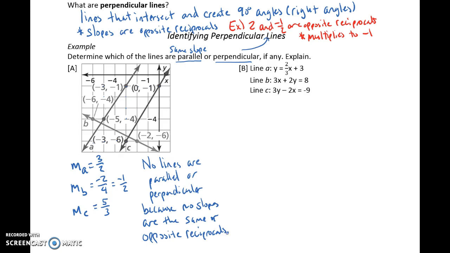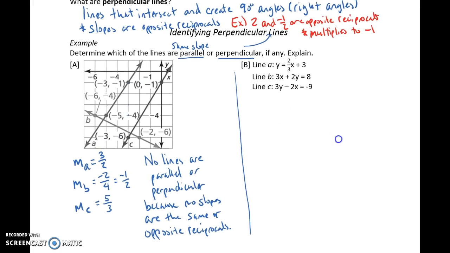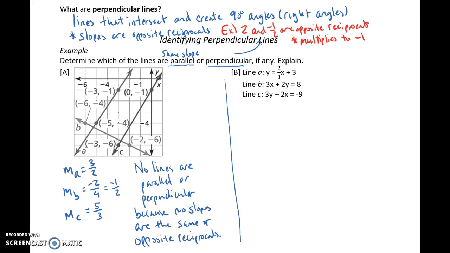Okay? Taking a look at B, we want to do the same thing. And just like in the last set of notes, when we did parallel, we want to identify the slope. So what we can do with equations is solve for y and get y equals mx plus b. So for line A, the slope is already pretty easy to see. It's what's in front of x because we have y equals mx plus b, and that's 2/3, right?